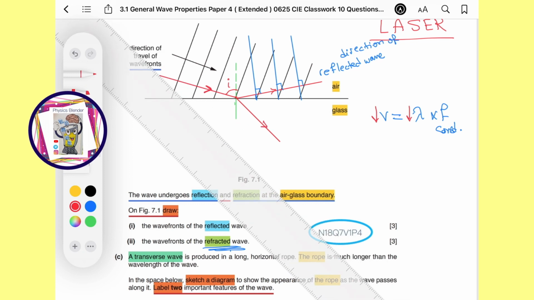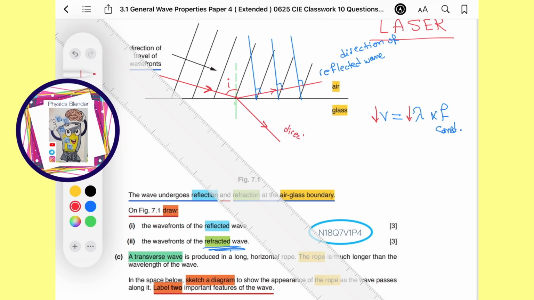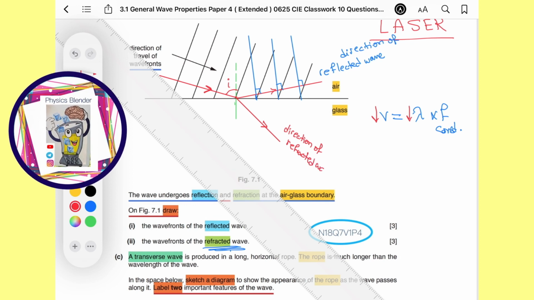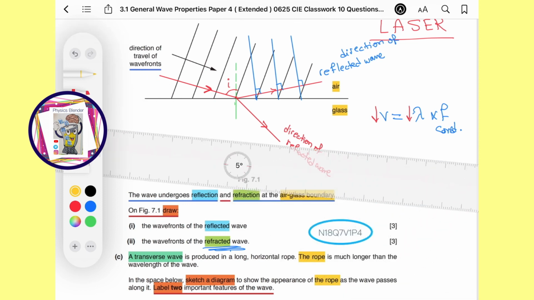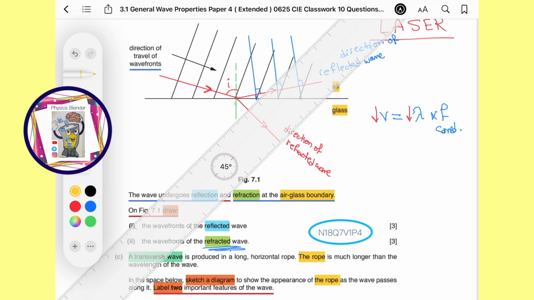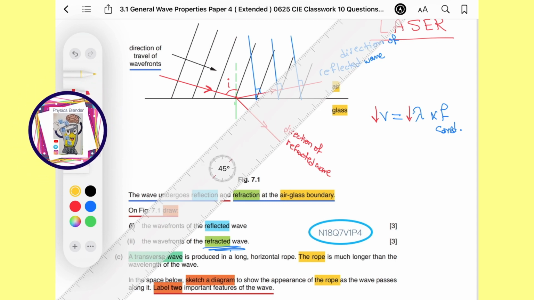Okay, and this will be the direction of the refracted wave. I will draw the wavefronts here in yellow, perpendicular to the direction of wave travel, but the wavelength will be shorter.